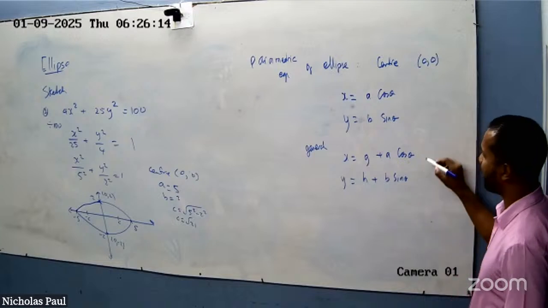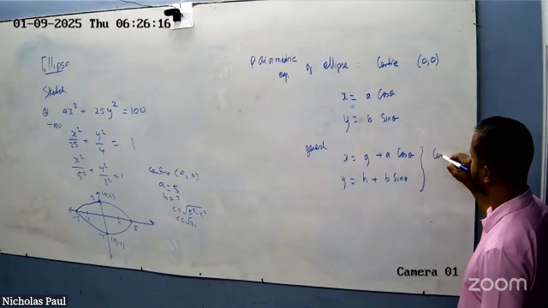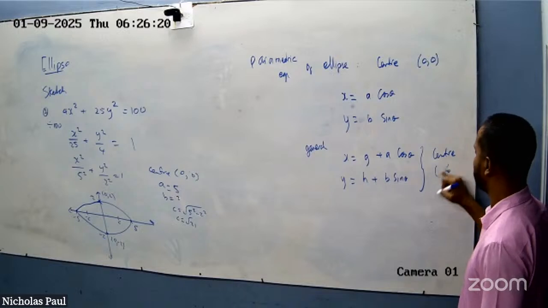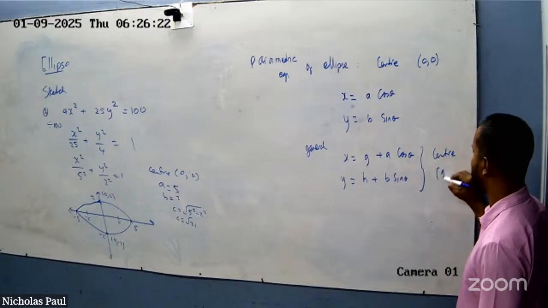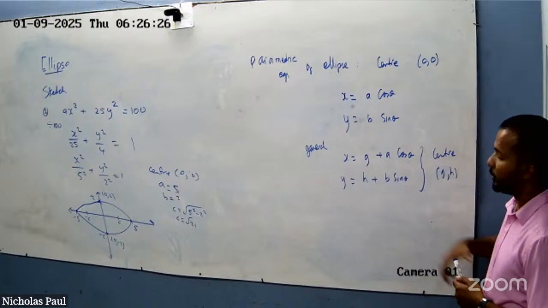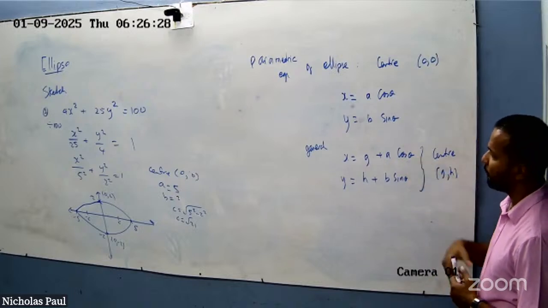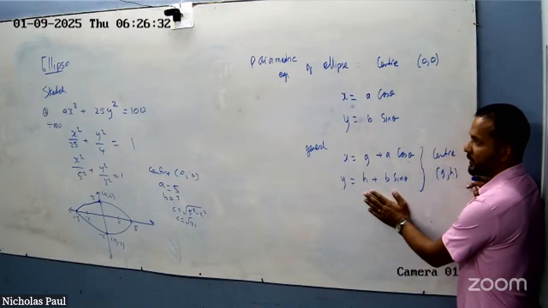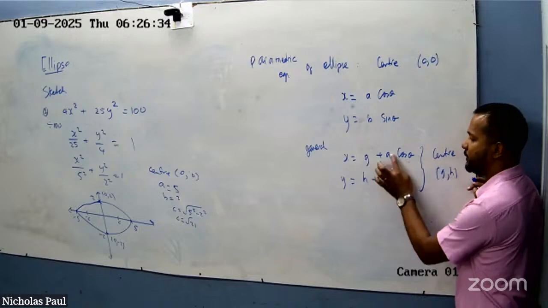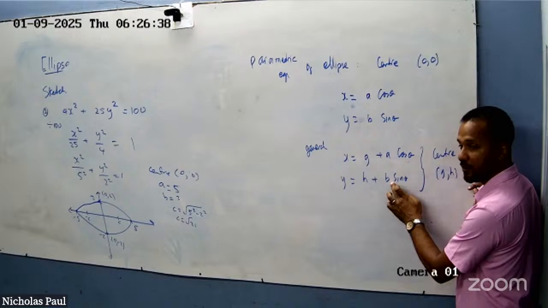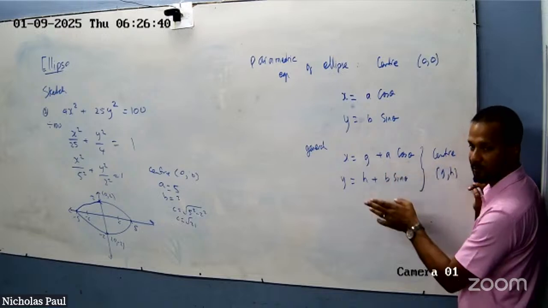This is in general, with a center G, H. All right, so these are the parametric equations for our ellipse. Very similar to a circle, except that these two values are not the same. If these two values in front of the trig are the same, then it's a circle.